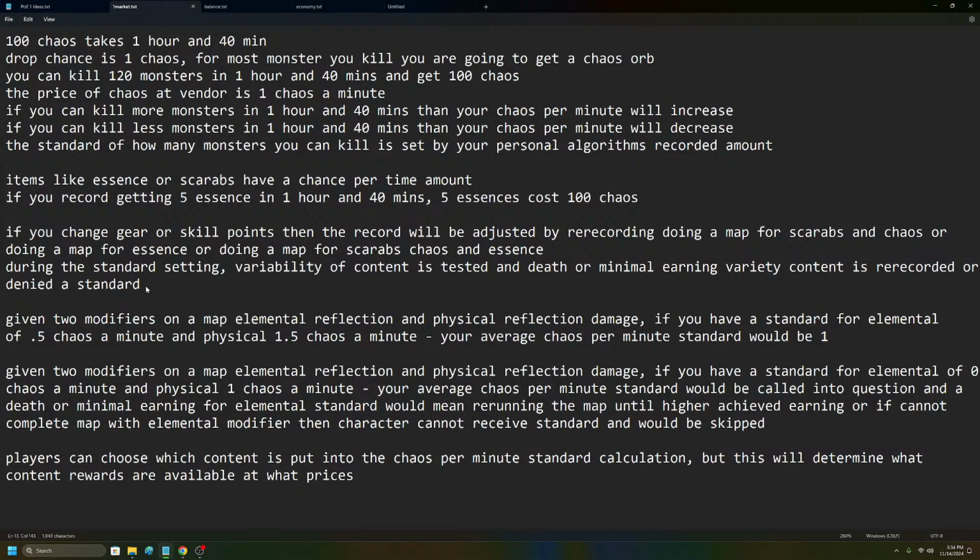Where this makes sense in this example is that you included Delve and maps together, not because you were going to automatically run Delve, but because you wanted to automatically run maps, and you wanted to manually run Delve. And with the profits from Delve, you wanted to afford the scarabs at a better price.